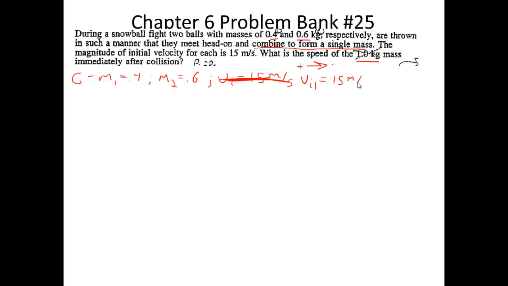And the initial velocity of the second one is equal to negative 15 meters per second. Again, they were thrown in such a manner that they meet head on. So our unknown is the speed of the combined mass.